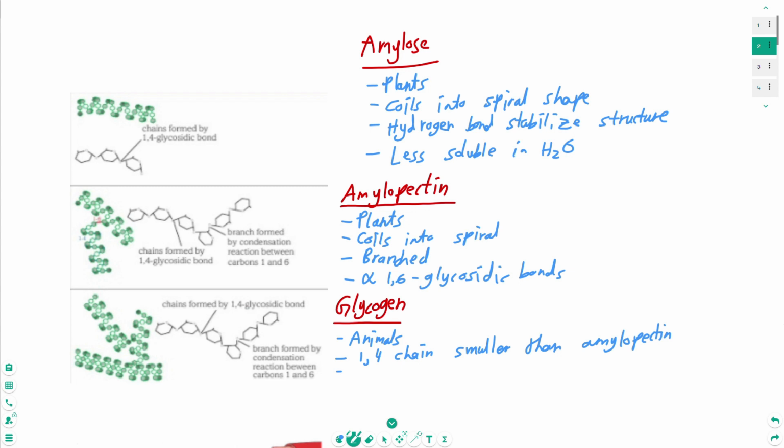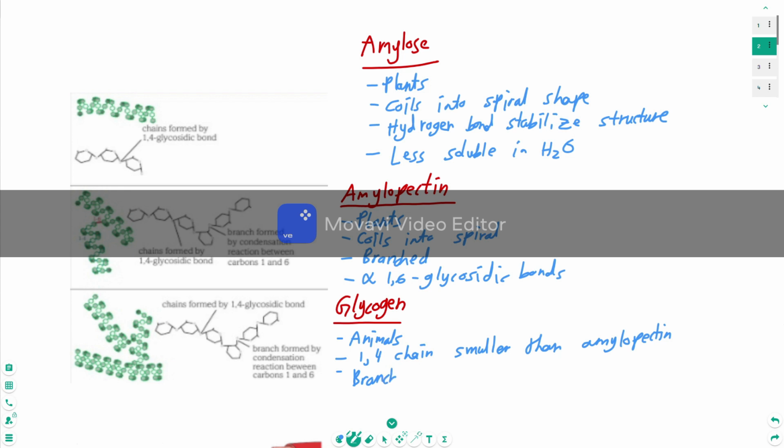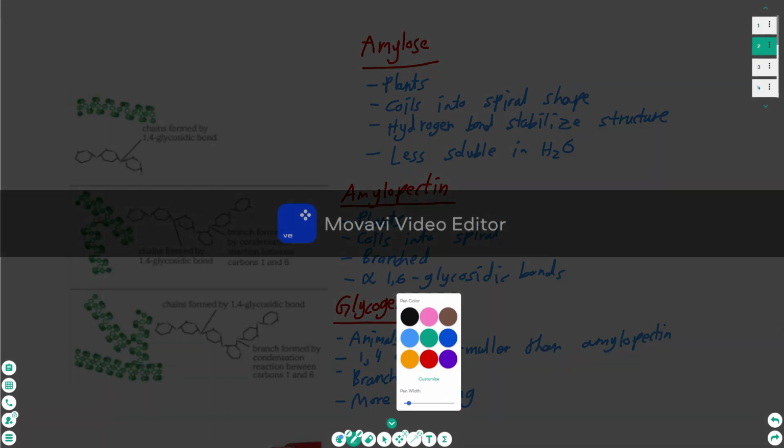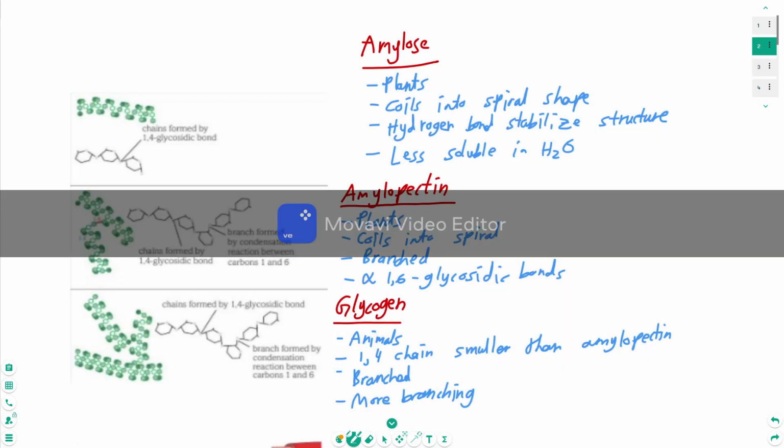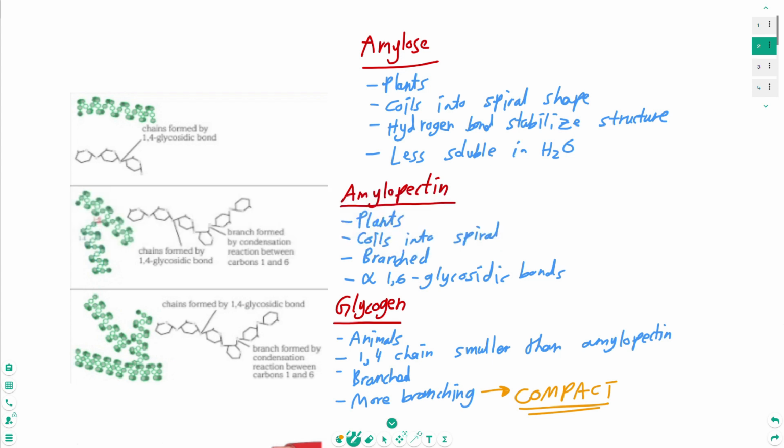It does have more branching, so it is branched, but it has more branching. And because it has more branching, that makes it more compact, very compact. So those are the three main structural polysaccharides that you need to know, which act as energy stores.